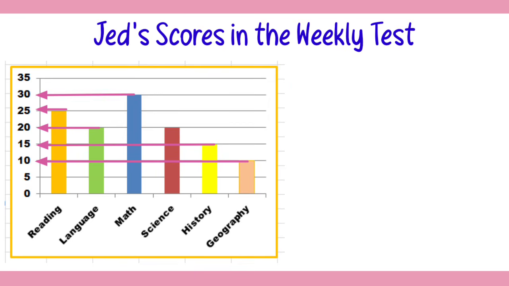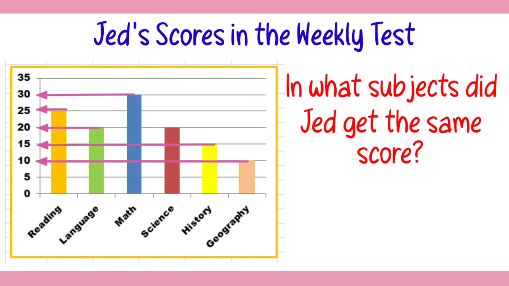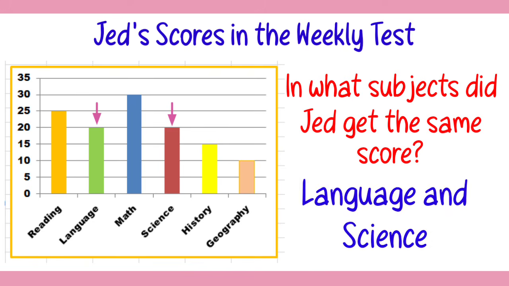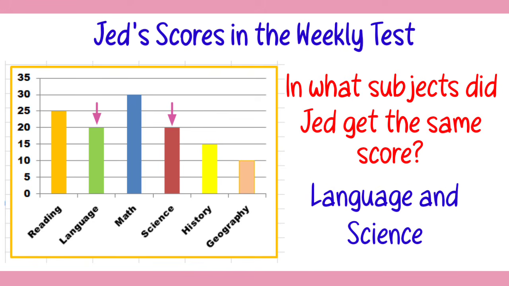Okay, another question. In what subjects did JED get the same score? What should we do? We have to look for the rectangular bars with the same height or value. So we have language and science. JED got 20 in both subjects.